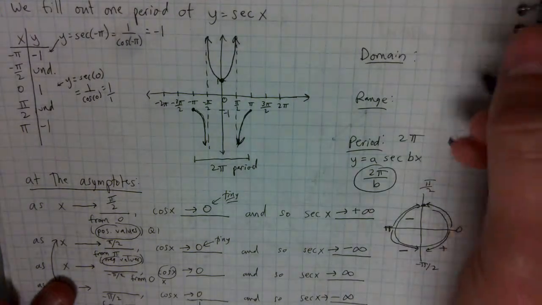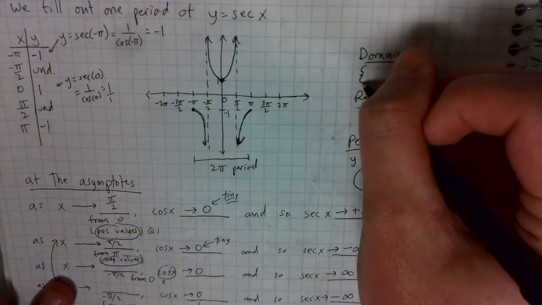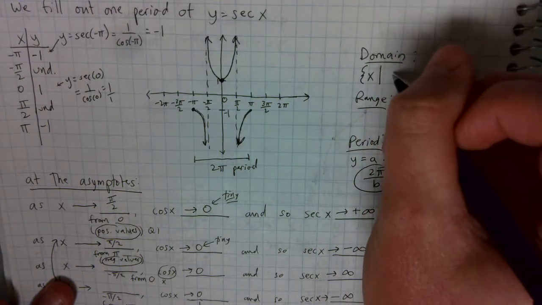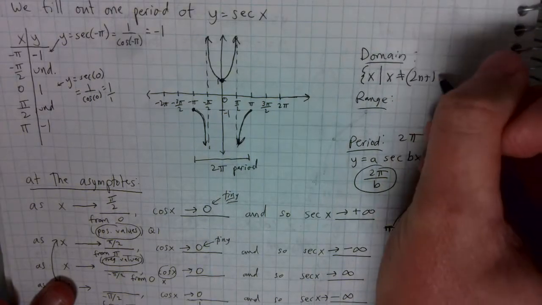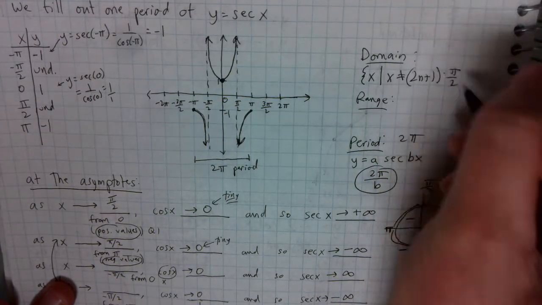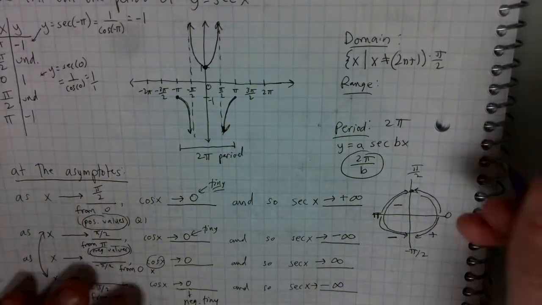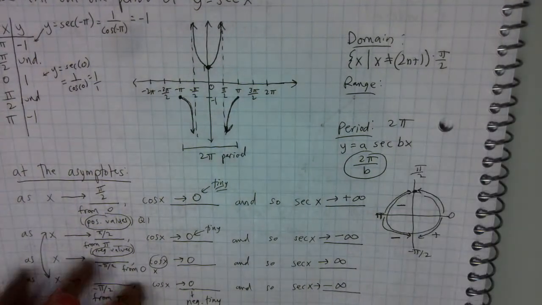Okay, domain and range. Now, domain is the same as it was for tangent. So it's x such that x is not an odd multiple of pi over 2, as long as it's not one of those pi over 2s. Our range is not like tangent.